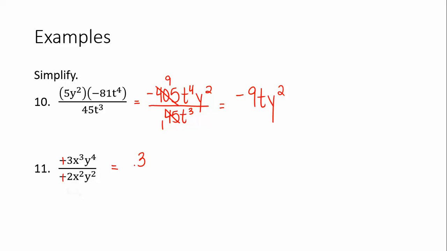We will still have a 3 on top and a 2 on the bottom because 3 over 2 does not reduce. Then we have x cubed over x squared, so 3 minus 2 is x to the first. And we have y to the fourth over y squared. 4 minus 2 is 2, so that will also stay on top, y squared. So our final answer is 3x y squared all over 2.